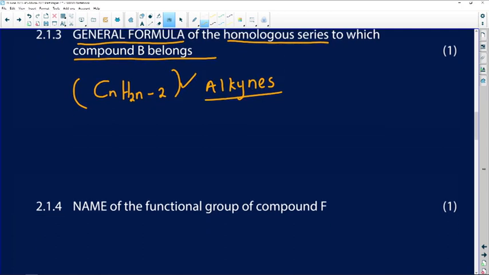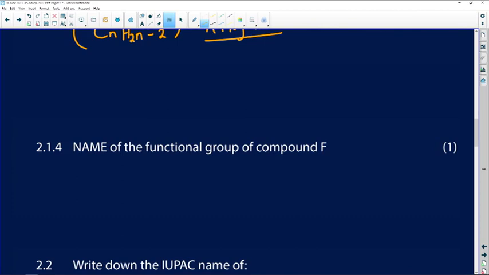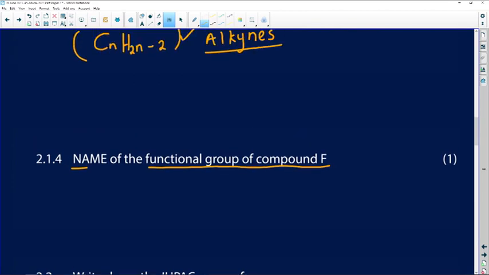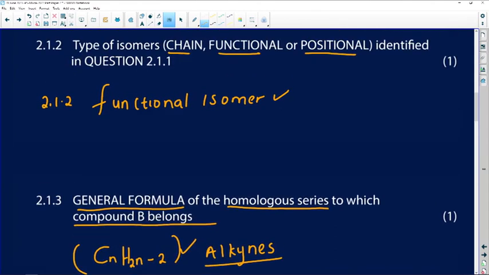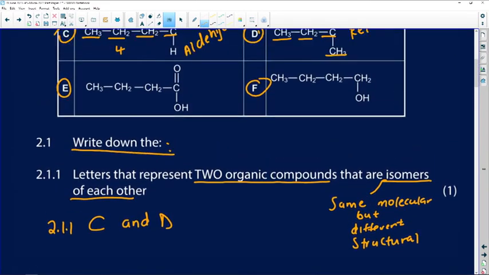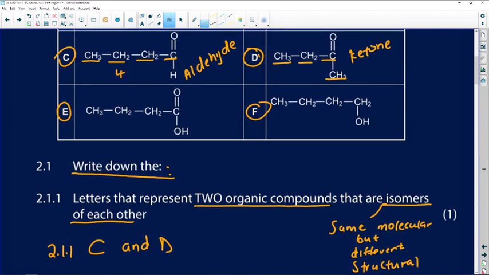Let's move to 2.1.4. We must write down the name of the functional group of compound F. So we need to go to compound F and see what we have there. Compound F consists of an OH.